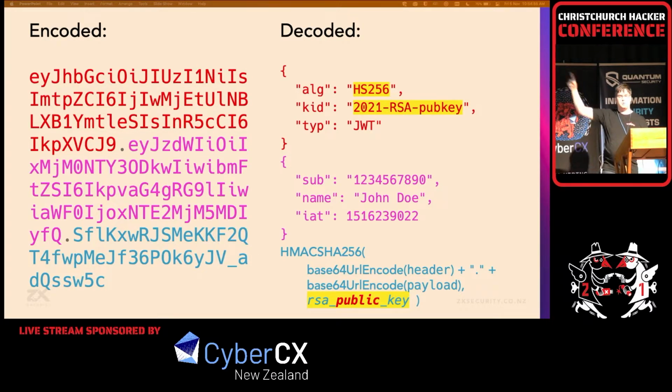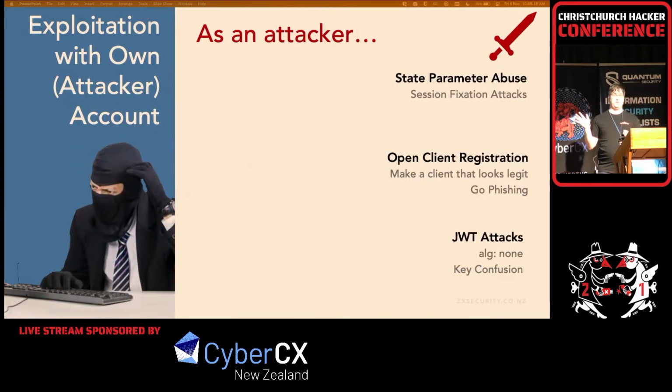So it goes over and looks up the RSA key, but it grabs the public key, of course, and since it's now treated as a symmetric key, it uses the public key that we have access to sign the JOT, and the public key is then also used to verify the JOT. Now we can just go and make our own tokens. There's loads of information about how to do this particular attack. I'm not going to go into too much detail about that one, but definitely look it up. It's really interesting. So many clients out there were vulnerable to that particular problem.